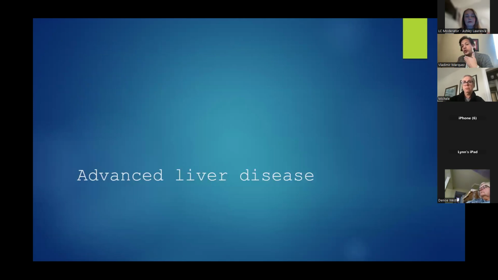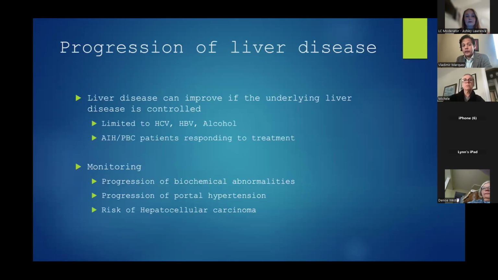Now, moving to the chapter of advanced liver disease. There are liver conditions that, even when found at an advanced level, can improve if the underlying liver injury is controlled or removed. This is very classic of treatment of hepatitis C and hepatitis B, and alcohol with abstinence.